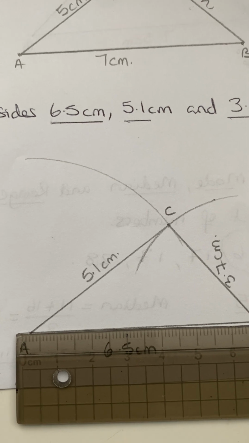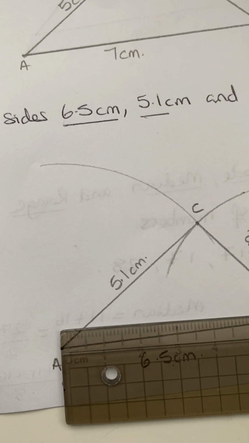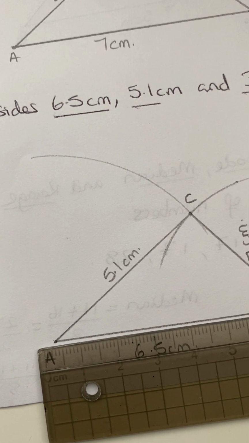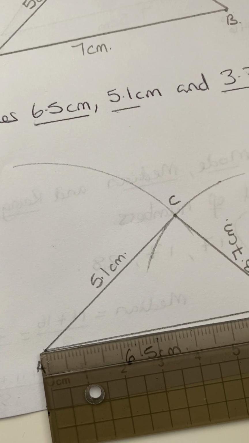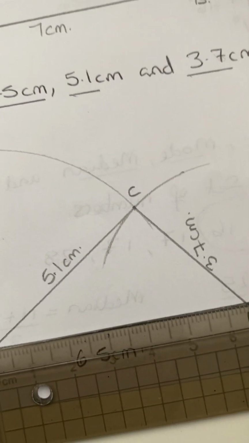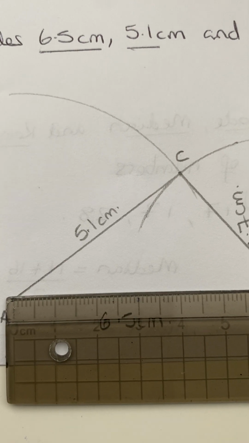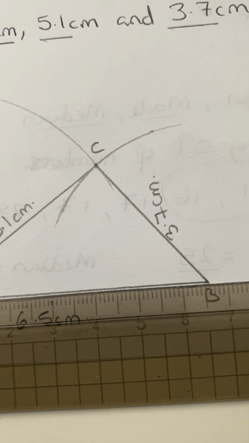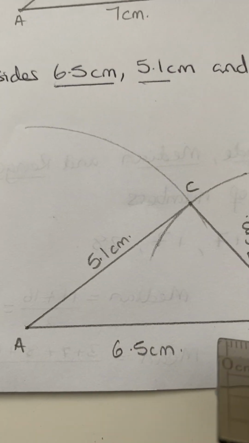Okay, so here is 6.5 centimeters, as you can see here. Okay, A is there, see, and then 6.5 exactly. So I've drawn my line A to B, 6.5.